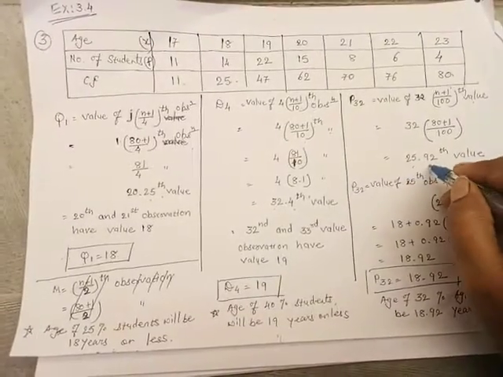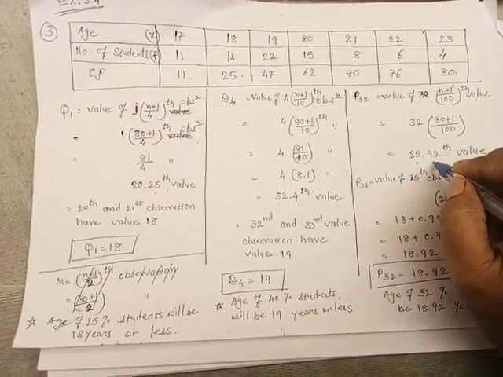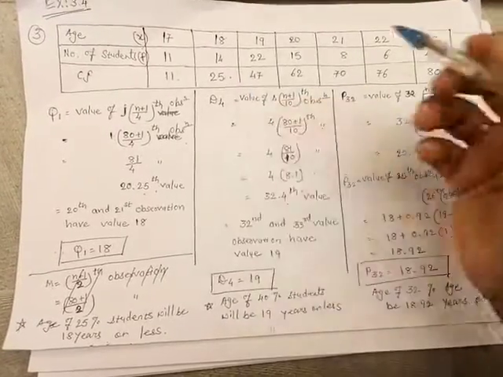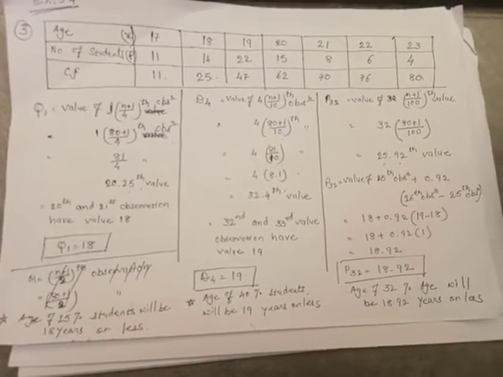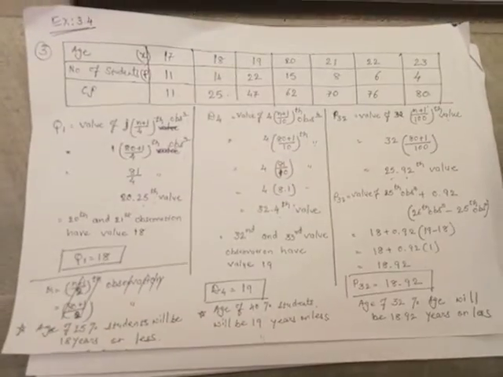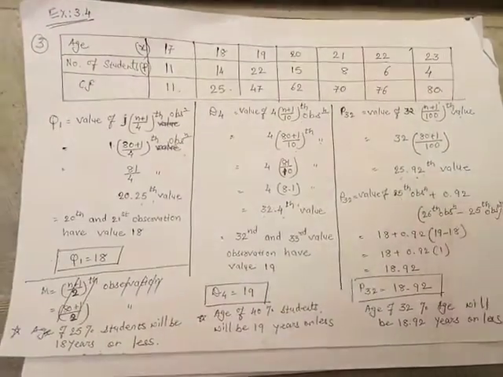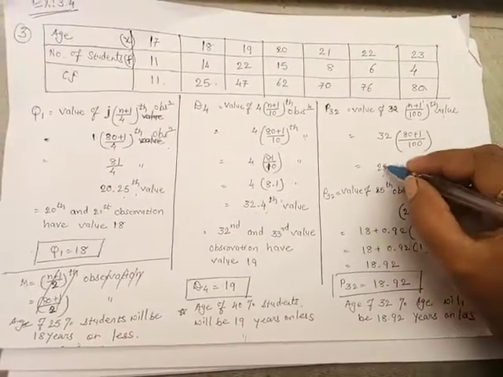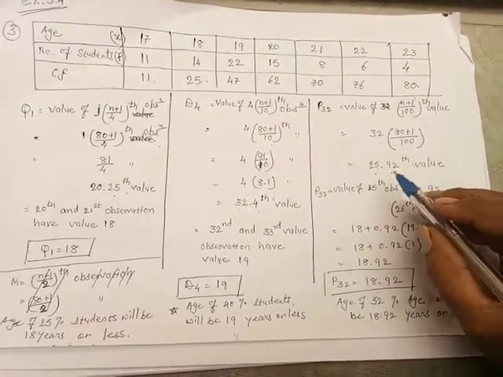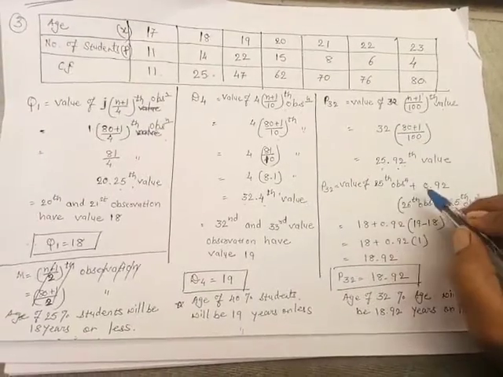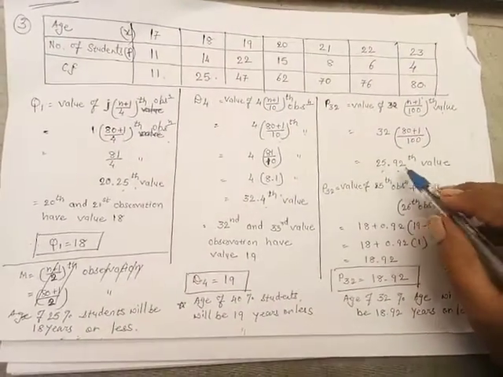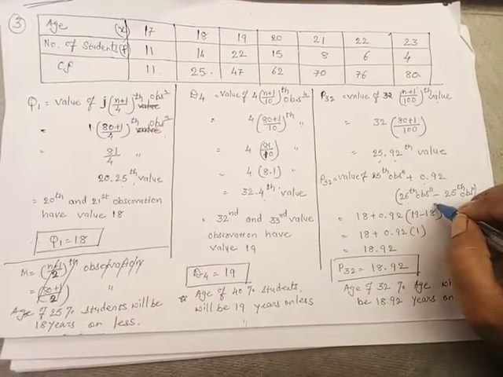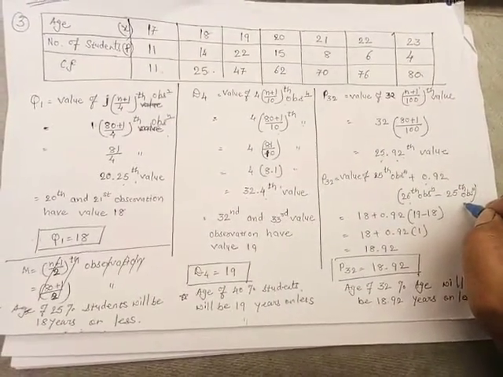Now see, 25.92 is exactly not given, and this is a percentile value, so we have to split these values. For the percentile values, splitting this 25.92, first of all take the 25th observation plus separate this 0.92. So 0.92 in bracket 26th observation minus 25th observation.